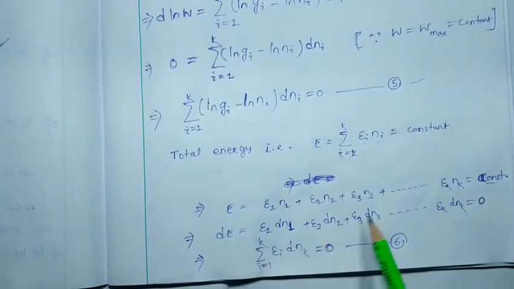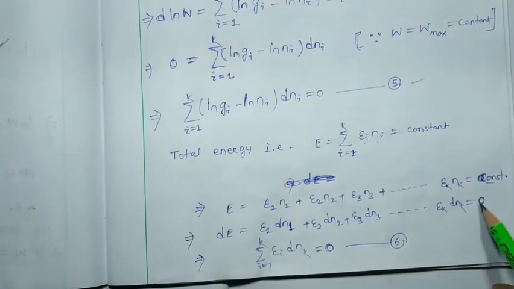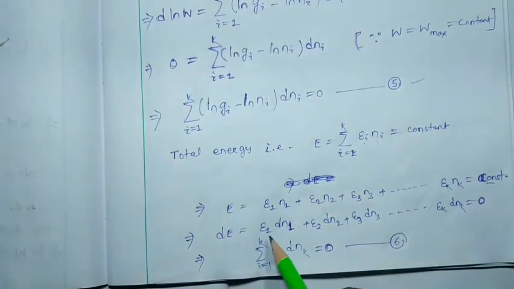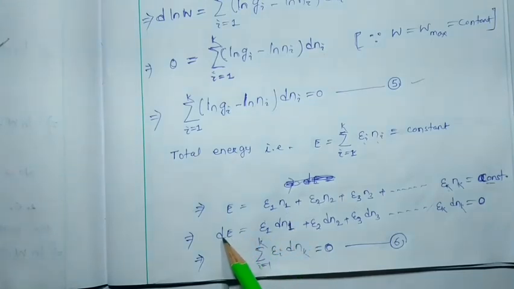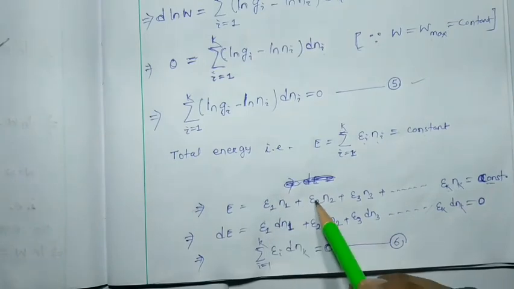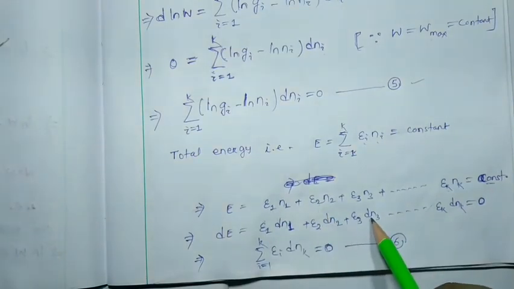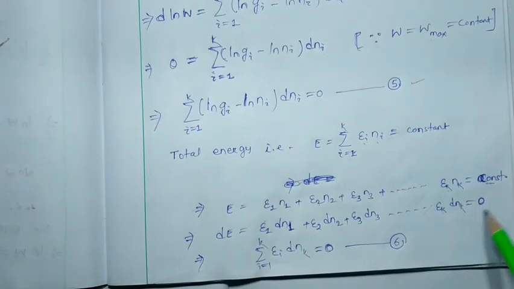Now we have to take the derivative on both sides. It will be dE, and as it is constant it will be 0, right? If the energy of a particular compartment is not going to change, it is a constant, and only the number of particles is going to change, right? So if I take the derivative, dE will be epsilon 1 dn1 plus epsilon 2 dn2 plus epsilon 3 dn3 up to epsilon k dnk equal to 0, right?